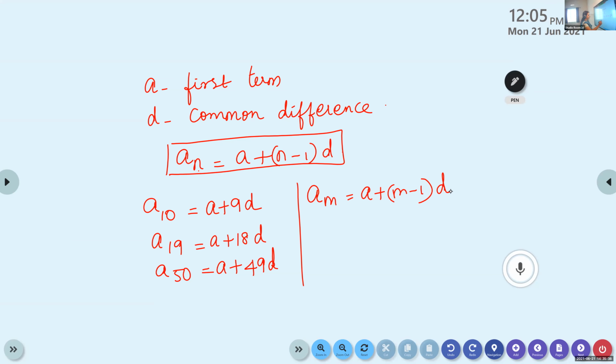Okay, Hein Steve, what will be a_p? Should we write this? Yes, write it, just some examples of how to write the general term. You're writing some example.